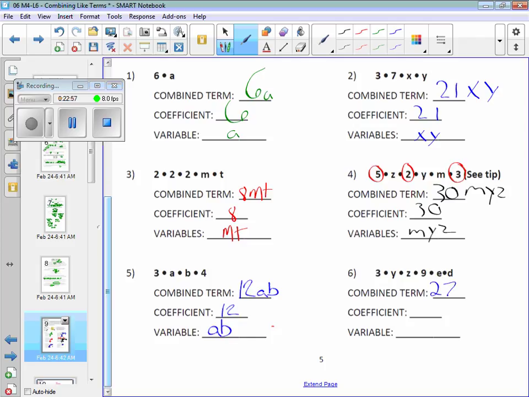If you could put them in alphabetical order, that would be great. It doesn't matter. You won't get a different answer if you don't. But alphabetical order is kind of the way you're supposed to do it. Do it whatever way you want then. It's all good.